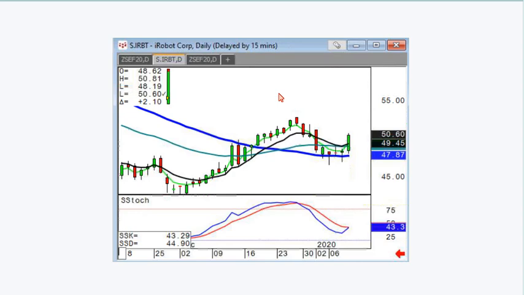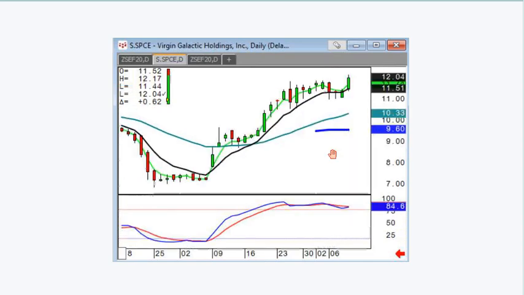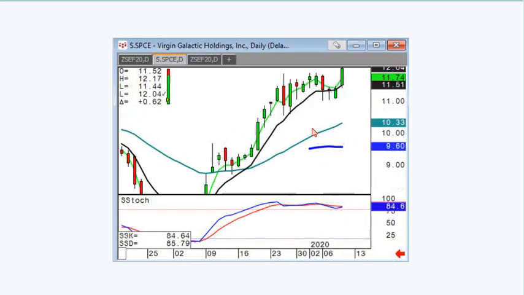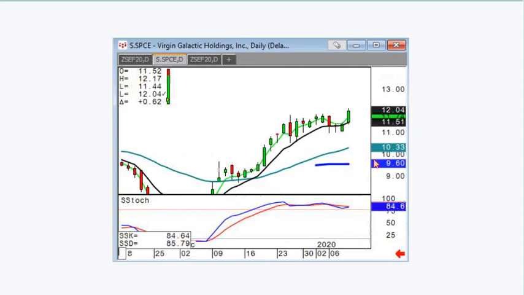Let's see. So we did Overstock. Space. What type of pattern is this setting up? See our J-hook pattern. You can buy this one on positive trading tomorrow. And we did Halo.